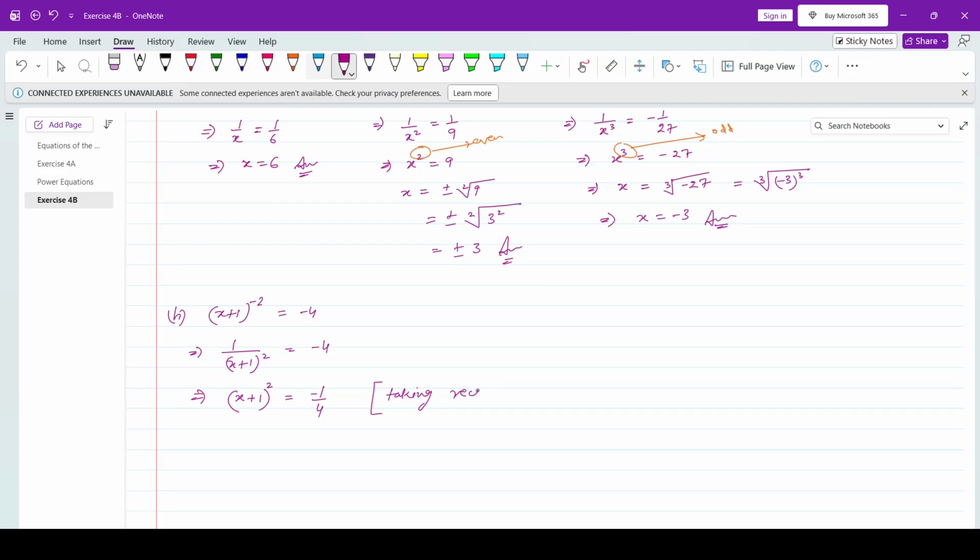Taking reciprocals on both sides. So x plus 1, now we know this is even, and when this is even and k is negative, this number k is less than 0, we can say no real solution exists.